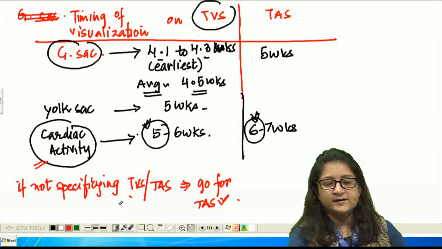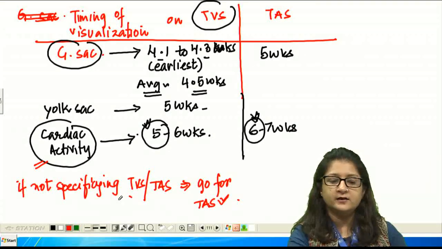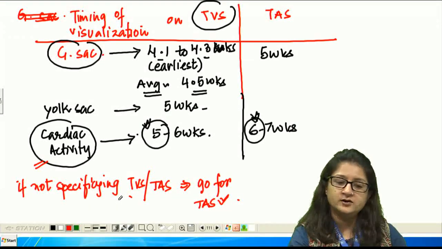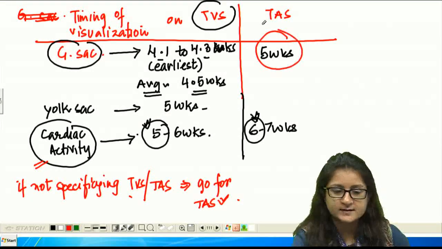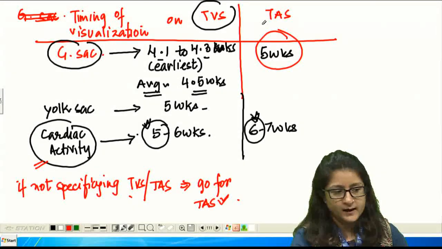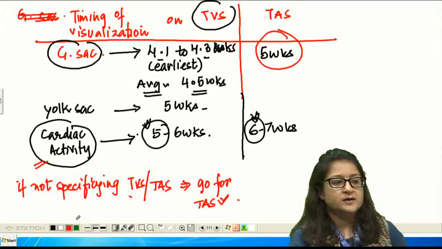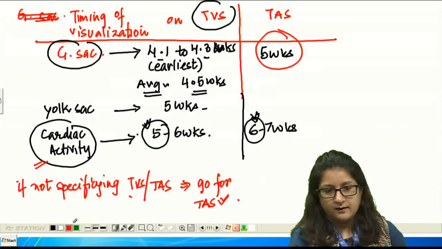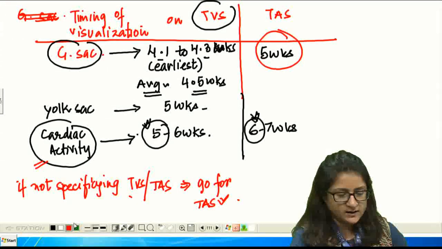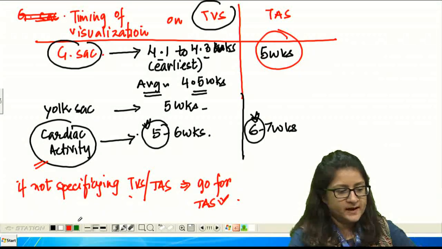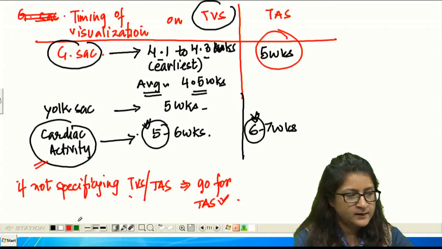So this is about the timing of visualization of each of these structures. All right. Now let us talk about the dating.